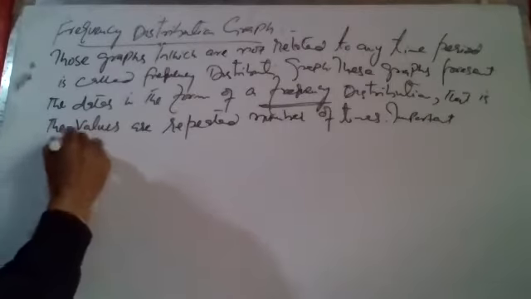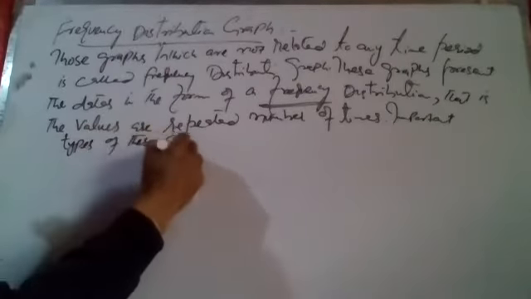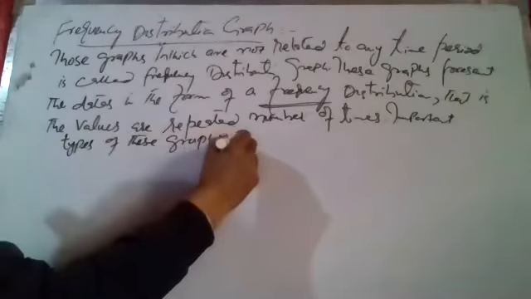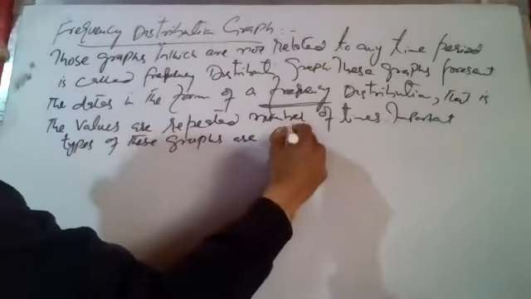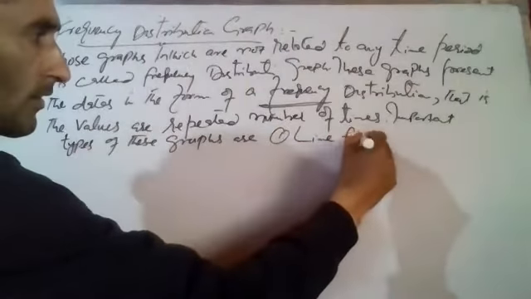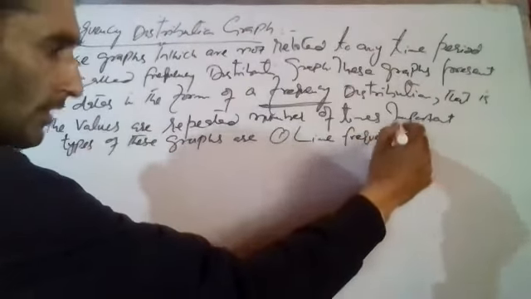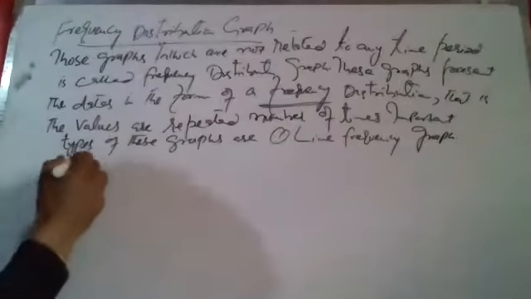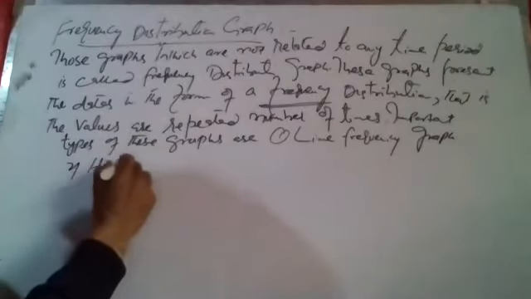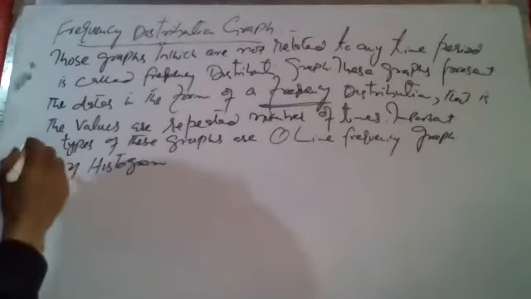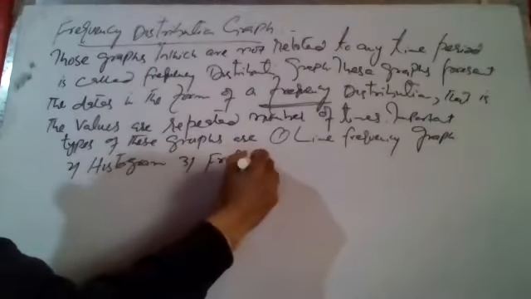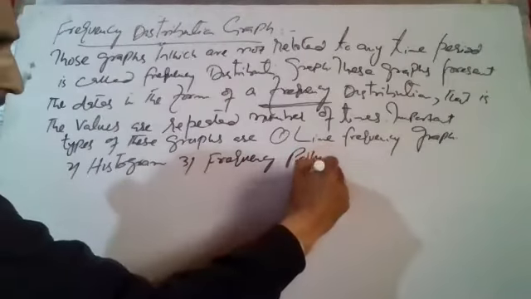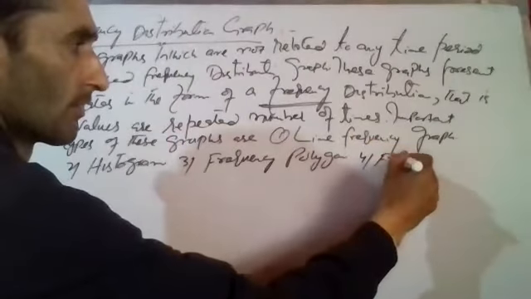Important types of these graphs are: number one, line frequency graph. Number two, histogram. Number three, frequency polygon. Number four, frequency curves.